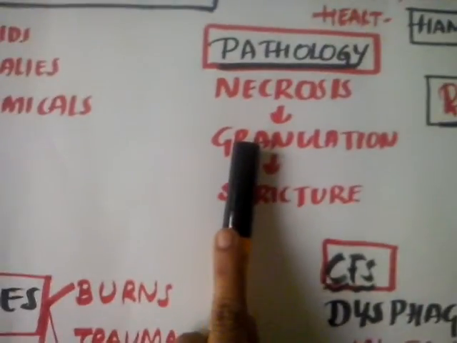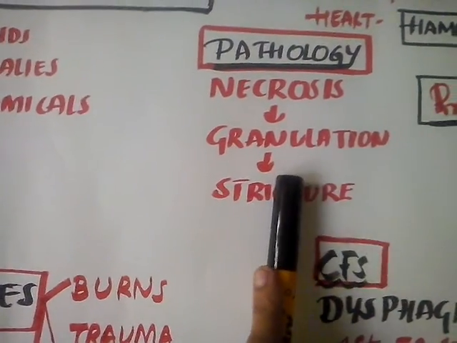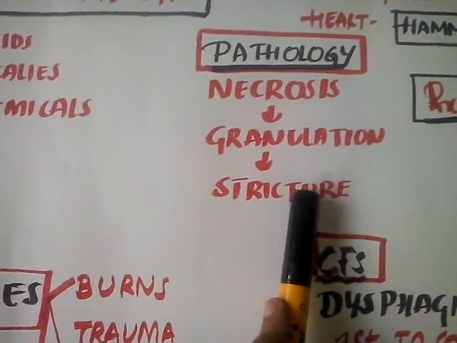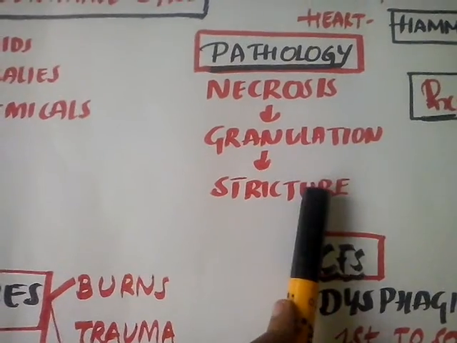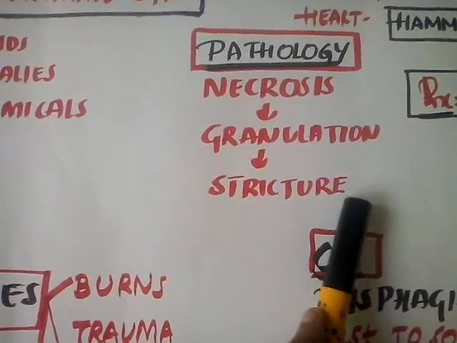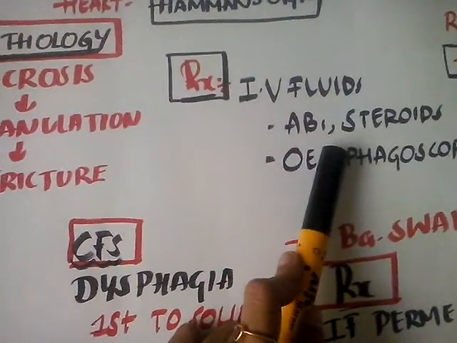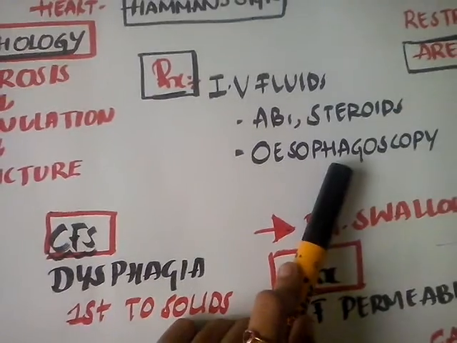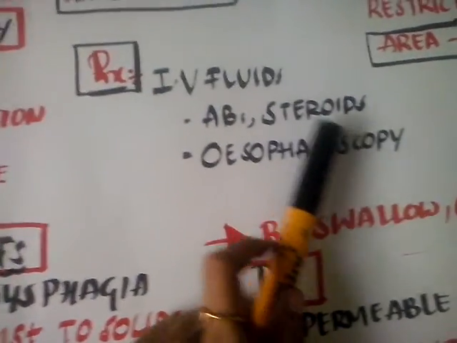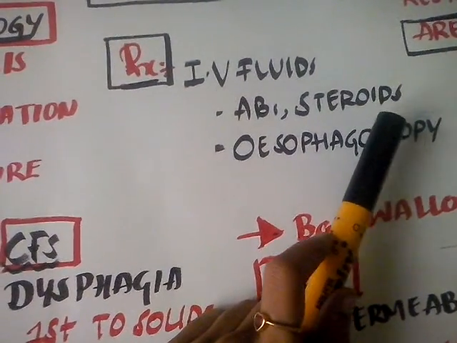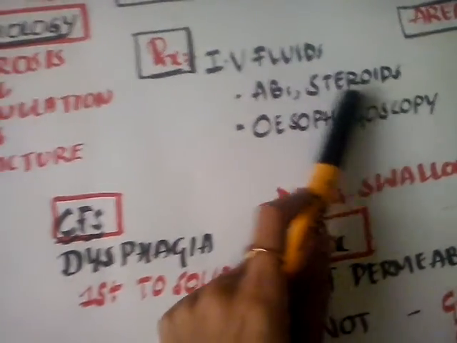Pathology: initially there is necrosis, granulation and stricture formation. Stricture begins at 2 weeks and continues to 2 months and longer. Treatment is by giving IV fluids, antibiotics, steroids, and esophagoscopy. Steroids are given within 2 days to prevent stricture.